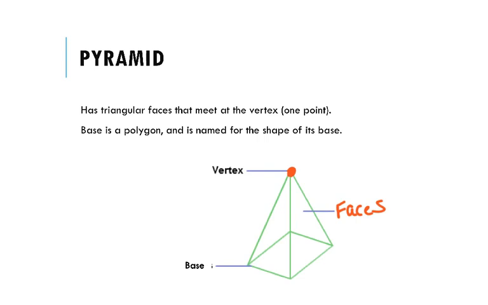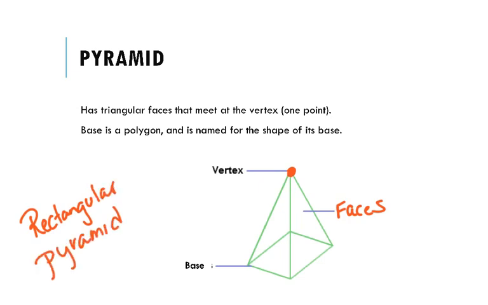In this case, looking at my base, it looks like a rectangle, so I could call this a rectangular pyramid. So you always name a pyramid based on its base, not on the faces.